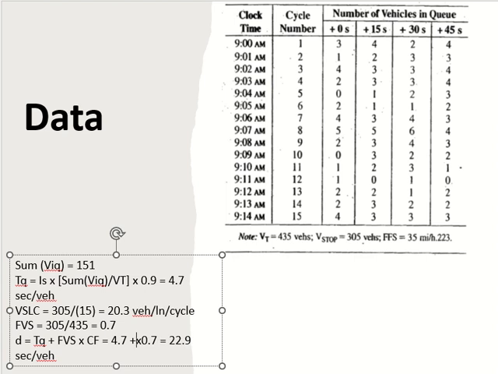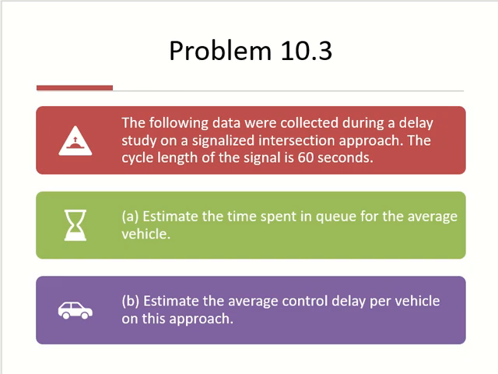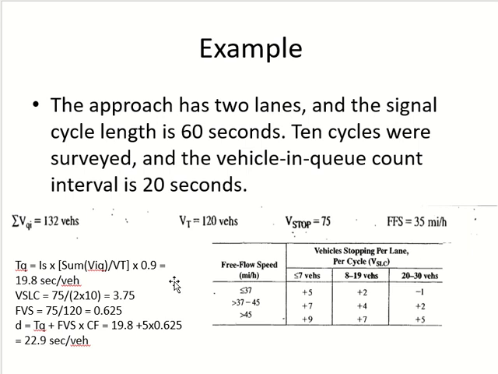Okay. The correction factor, the table is here. Free flow speed is still 35. Okay, they have given the same free flow speed, 35. So we are still here. Okay. Vehicle stopped per lane per cycle. How much was it? 20 point something, right?